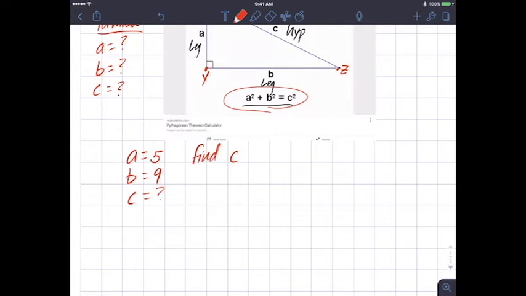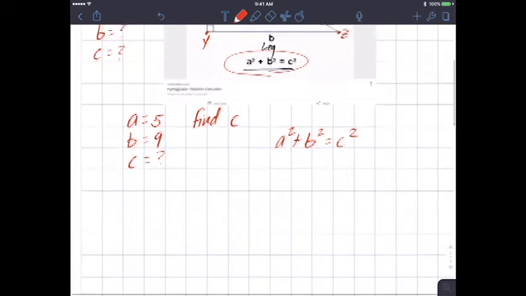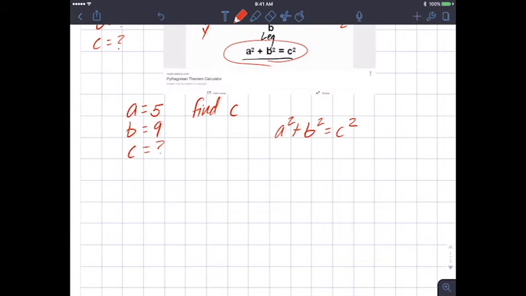And I always like to write the theorem first. A squared plus B squared equals C squared. Okay, so we know that A is 5 squared plus 9 squared equals C squared.